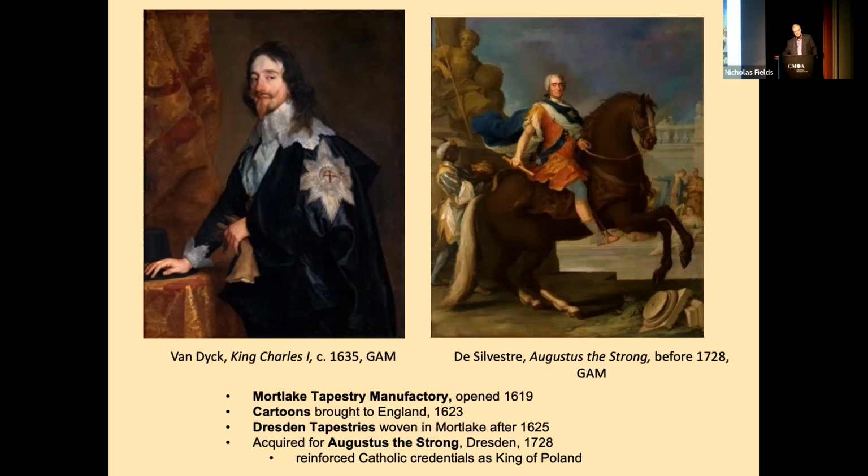The Mortlake Tapestry Manufactory, sometimes called the Mortlake Tapestry Works, was founded in the early 17th century in an area that was then outside the city limits of London. Now it's within London on the west side of the city, although the factory itself closed in the early 18th century. But the weavings were done in the 17th century in this tapestry works.